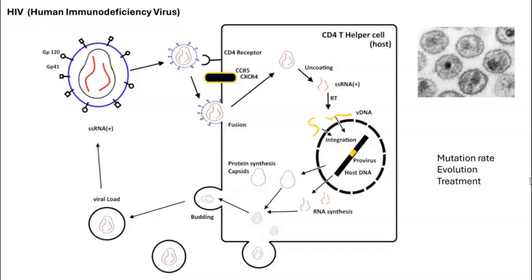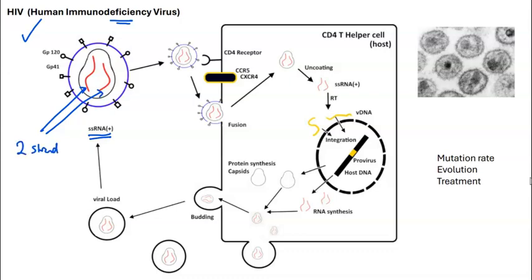So here we have a diagram of the HIV virus, the immunodeficiency virus, and this is a single-stranded RNA positive sense virus, but the curious feature is that present within the capsid are two strands.